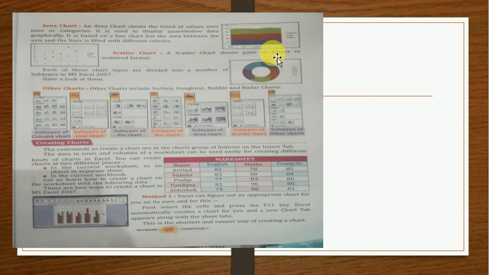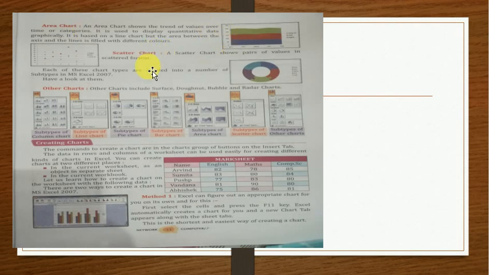Like here you can see this green color, it is going smoothly and then down and then smoothly. So this can easily show that any product or anything was going smoothly and then it decreased and then it increased. So these area charts are used for showing such kind of data.